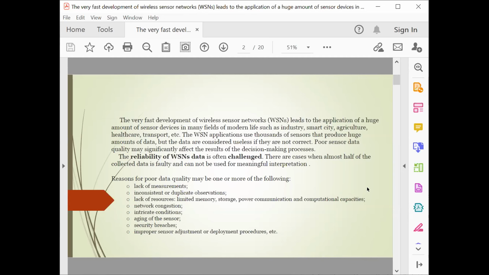Here are listed several reasons for poor data quality, like lack of measurement, inconsistent or duplicate observation, lack of sources, aging of the sensors, security breaches, and some others.